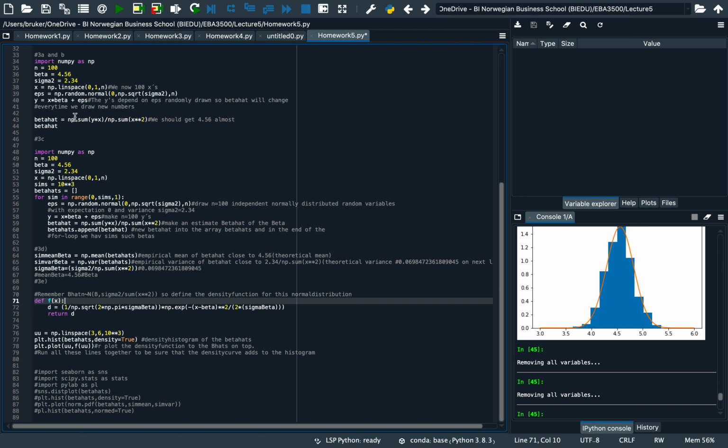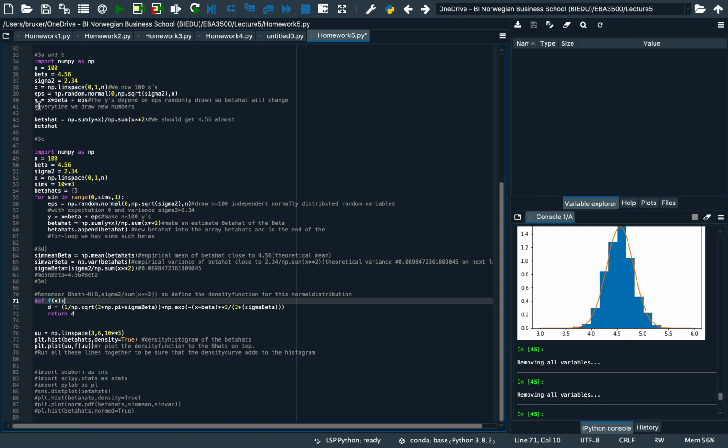So there are the x values, and then we draw here n is 100 random normal numbers which have mu 0 and variance sigma squared, so the standard deviation is the square root of this 2.34. So here we draw the epsilons, and we draw 100 of them.